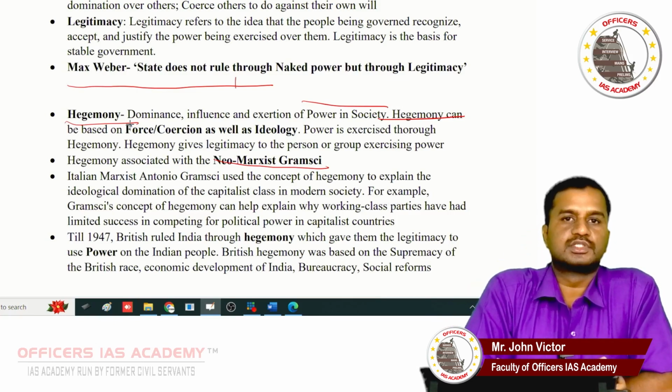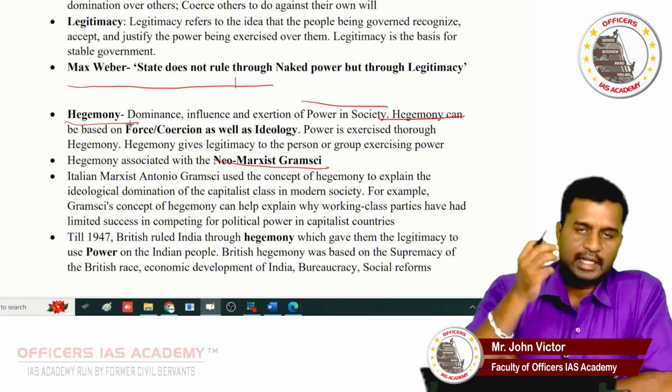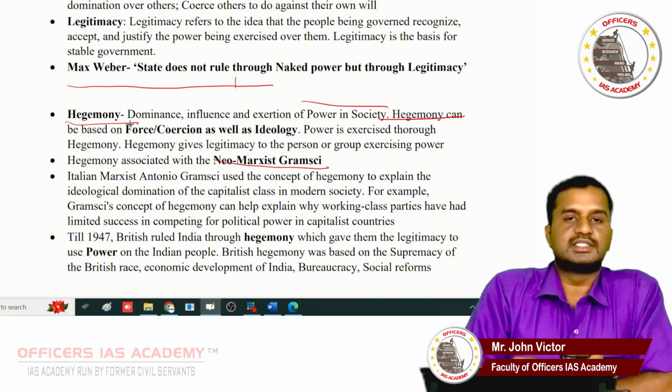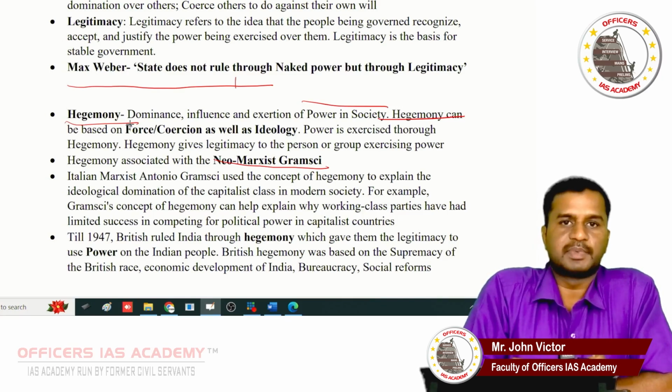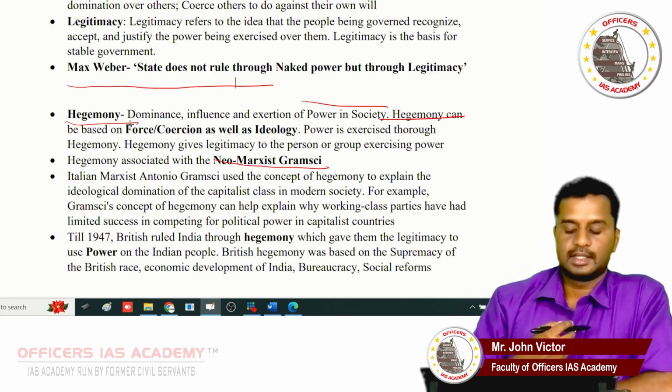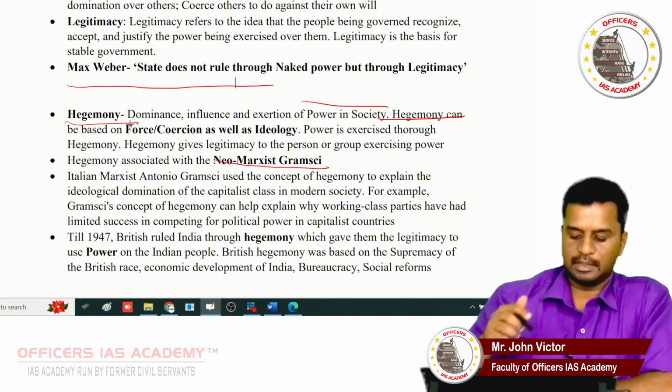So hegemony and force, in a combined manner, support the state. Both reinforce each other. Hegemony is present in civil society, force is present in political society. Mention Gramsci. Then associate hegemony and power.